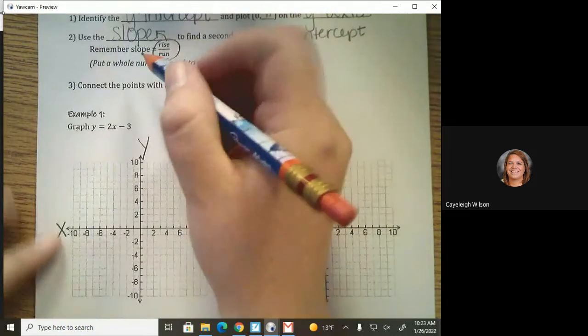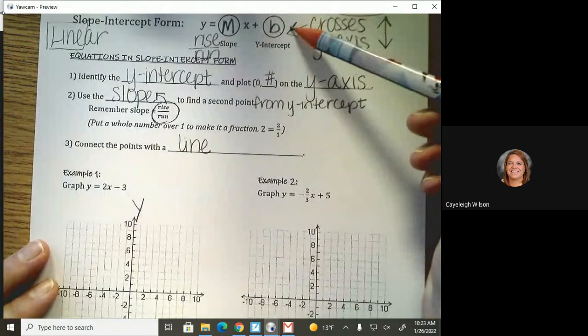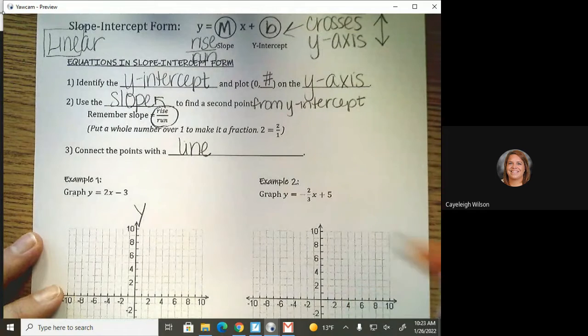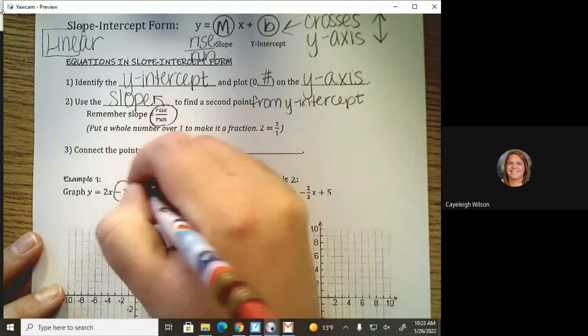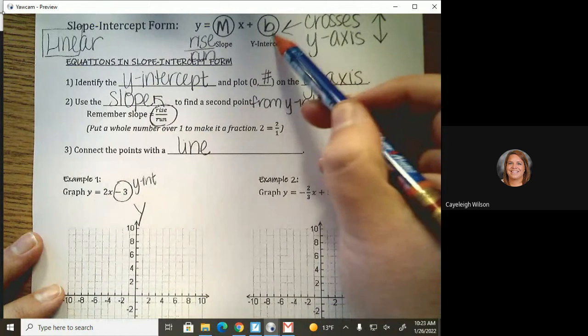I know that this is y equals mx plus b. So, can anybody raise their hand and tell me what they think the y-intercept would be? Yeah, Timmy's right. This right here is the y-intercept. And it's the y-intercept because it's the number that's being added or subtracted on.